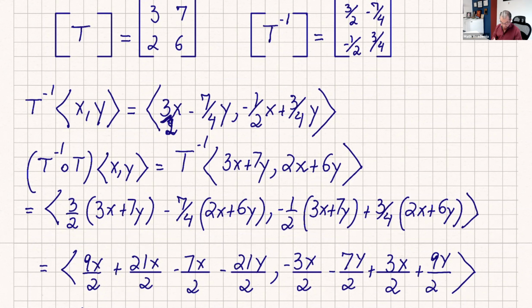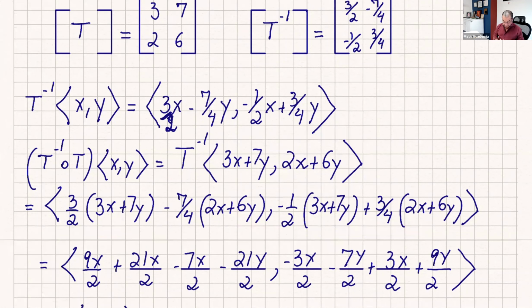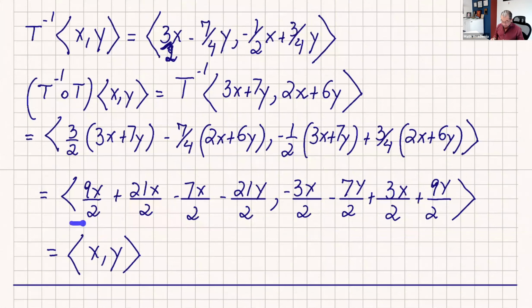If you do the same thing, you go to your inverse transformation, and wherever you see x, you substitute that, and wherever you see y, you substitute that one. And if you do that, or vice versa, and you get rid of the parentheses and combine like terms, you'll see you're going to get x, y.